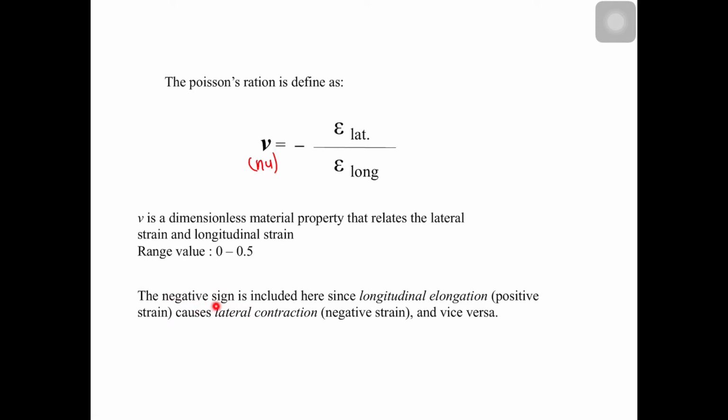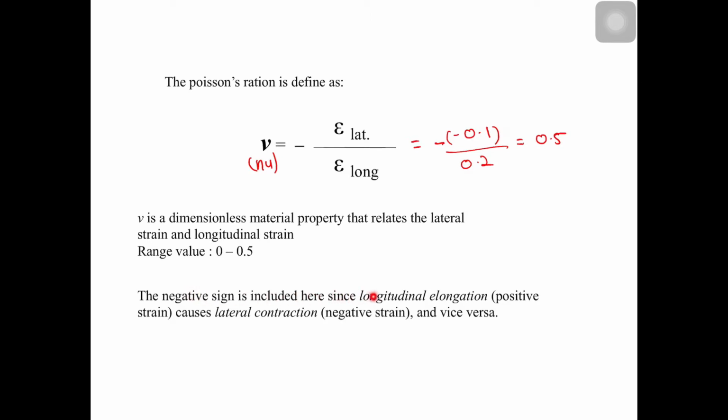So why negative? Since the longitudinal elongation is positive, it makes the lateral contraction negative. So you have this negative sign, but the final answer should be positive. Let's say, for lateral you have minus 0.1 over 0.2, but the final answer you should get is 0.5, positive.